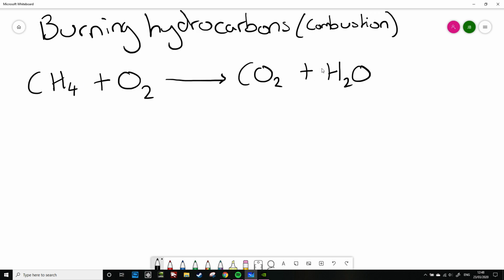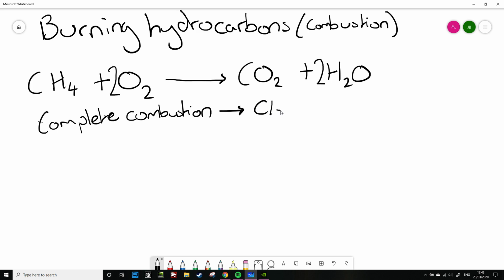So let's put 2 here. Now got 4. Okay, so that should now be balanced. Right, now this is what we call complete combustion. It's with a clean flame.